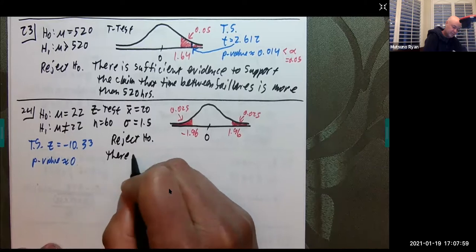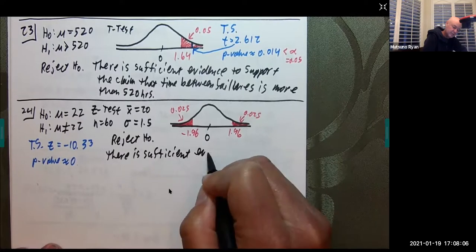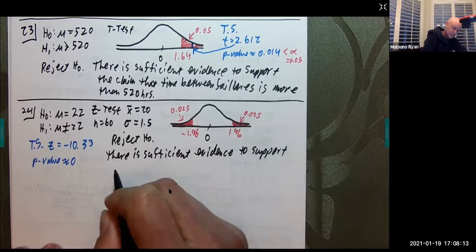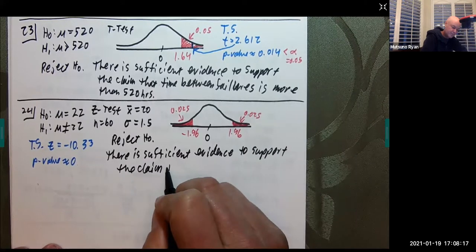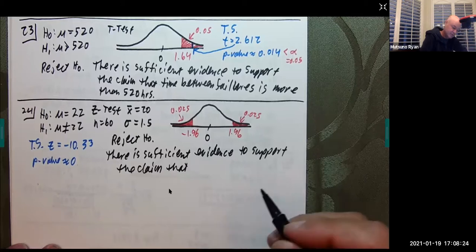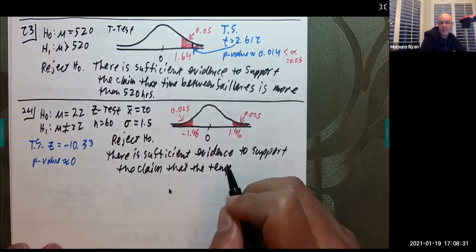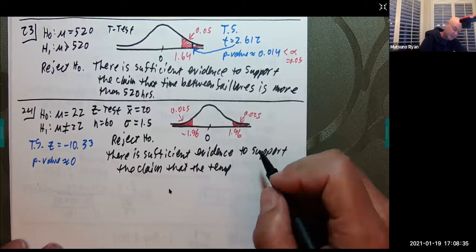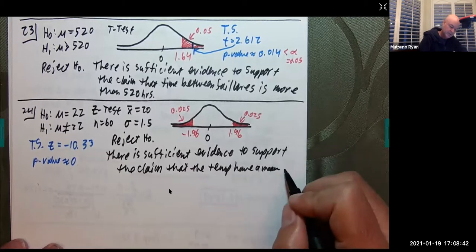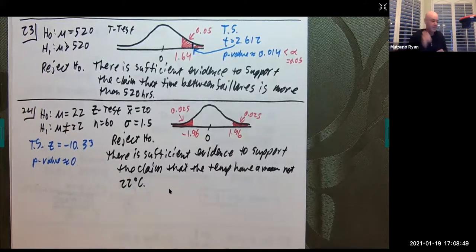So there is sufficient evidence to support the claim that the temperatures have a mean not 22 degrees Celsius. Remember, I told you to change it to not. All right.